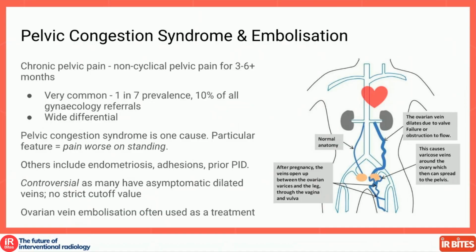But the tricky thing is a lot of people do have dilated veins, and so again, it's a similar problem to fibroids: you see an imaging finding, but then how does that relate to the symptoms? And so that's something that's quite specialist. But I thought I'd mention ovarian vein embolization because it's sometimes used as a treatment for pelvic congestion syndrome.